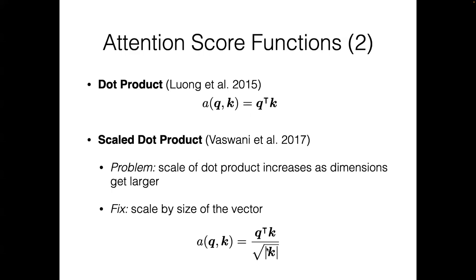So they divide by the square root of the dimension of the key vectors. This notation here means the dimension of the vector. This turns out to be a useful normalization to include, but you could think of it as still doing a dot product between two vectors.